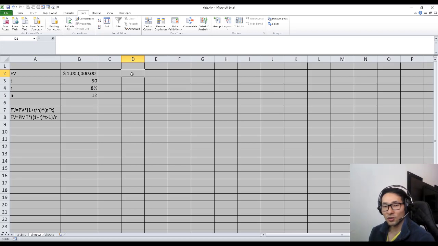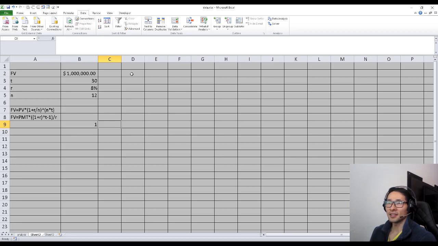So for now, let's try the first method, solving this equation by algebraic manipulation. I use the cells here to save the values we get using the different methods, so that we can compare them later and see how different they are. Okay, so using algebraic manipulation, what I want is the present value, and I already have all the other variables in the formula.